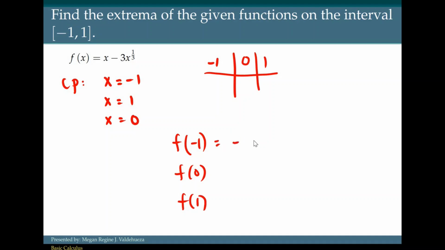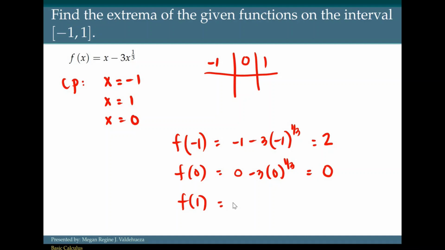So we have negative 1 minus 3 times negative 1 to the power of 1/3. This is equal to 2. And when x is equal to 0, we have 0 minus 3 times 0 to the power of 1/3, and that will give us 0.